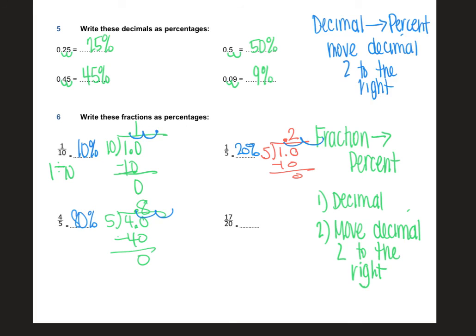And then 17/20ths, I get 0.8, get 160, I get 10, pull that down, 20 goes into 105 times, and moving my decimal twice, I get 85%. And I'm all done.